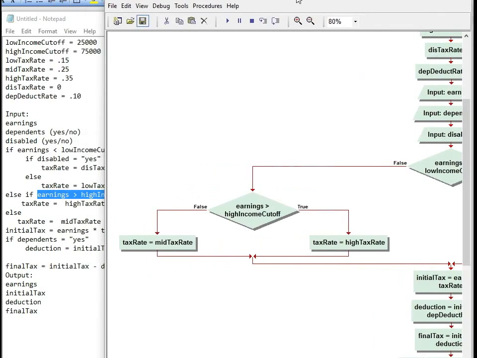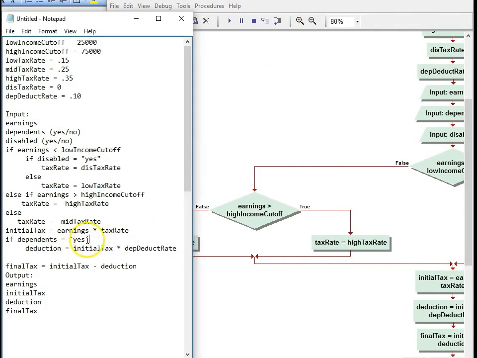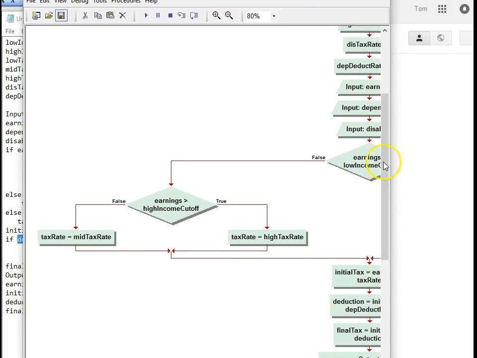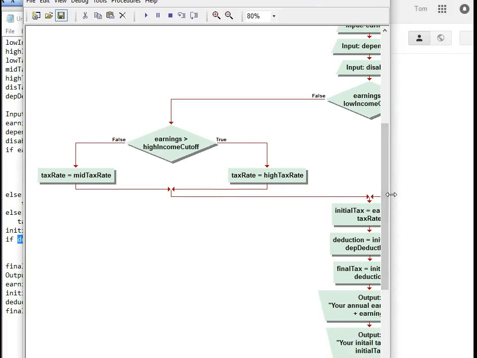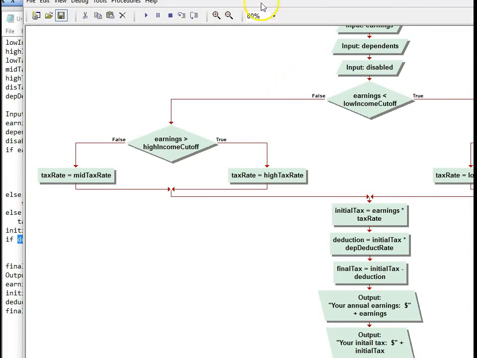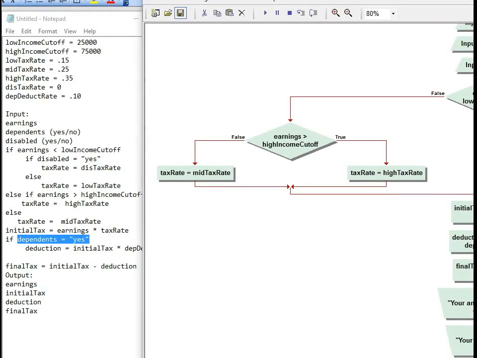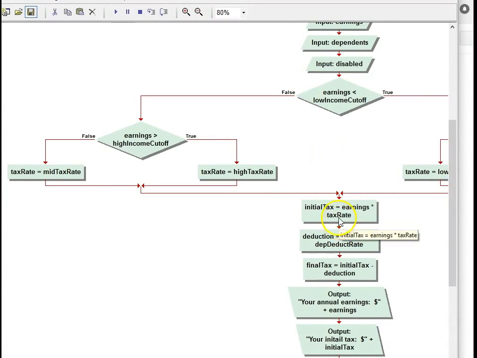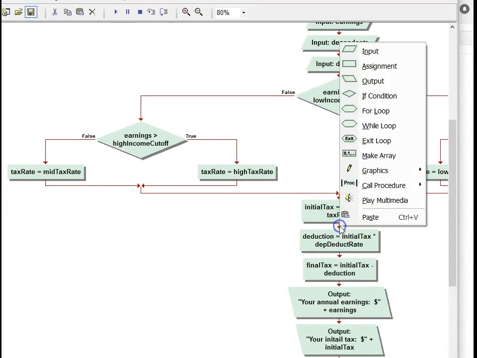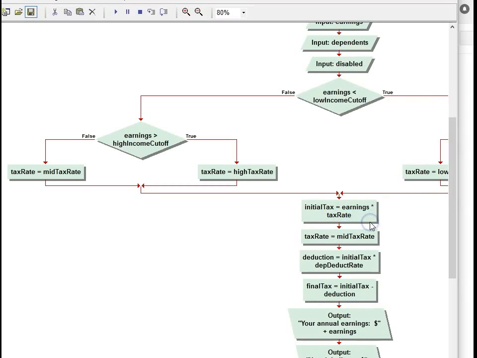All right, then we have our dependents. So if dependents equals yes is our last decision. Copy that. All right, move that down to here. All right, so we can see this decision comes right after we do the initial tax. So here's the initial tax, and then we'll paste this in.